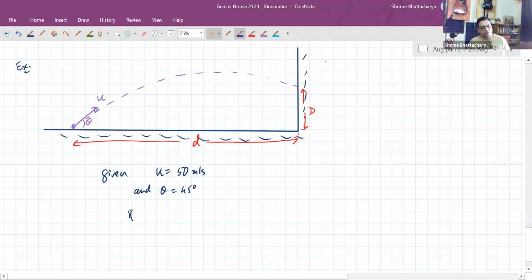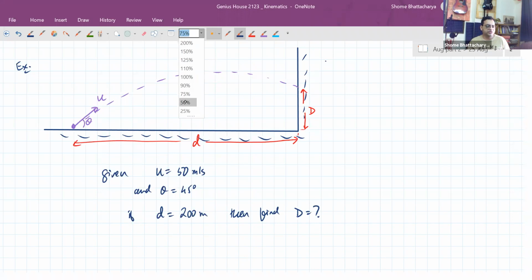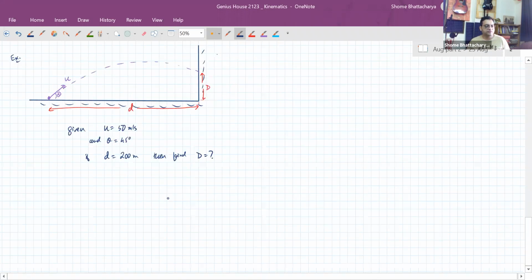If the wall is at a distance ahead of say 200 meters, then we have to find this capital D, which is the height at which it hits the wall. This is a typical example where if we use equation of trajectory, then it's going to be very effective.